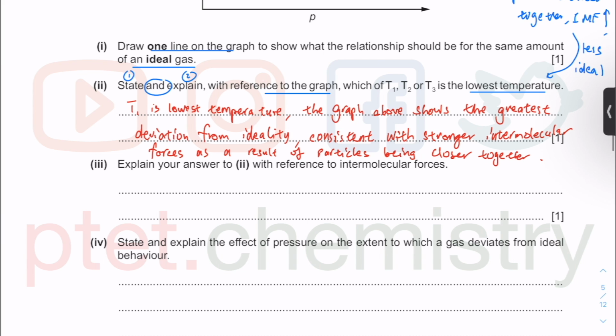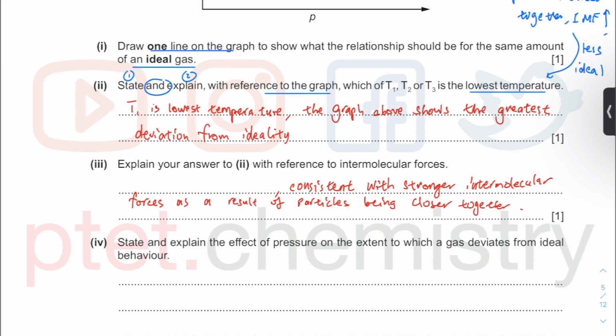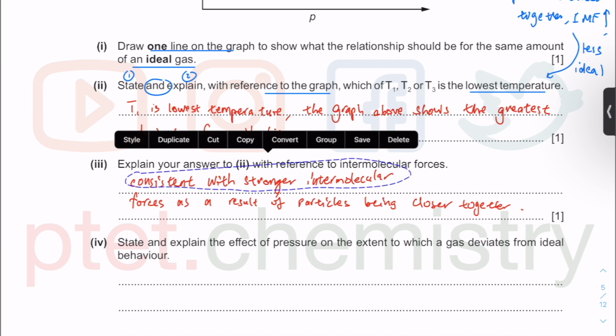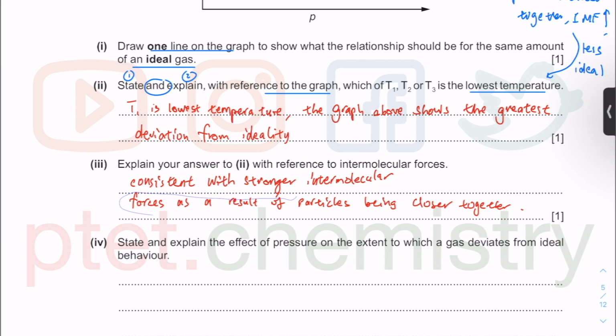Now explain your answer with reference to intermolecular forces. It seems that I have actually done the next bit in this bit here. That was a bit strange because there was only 1 mark there. I think I can then use the second bit of the explanation, the consistent with stronger intermolecular forces, for this second bit here. So let me just move my point around. Sometimes it's quite challenging, isn't it?